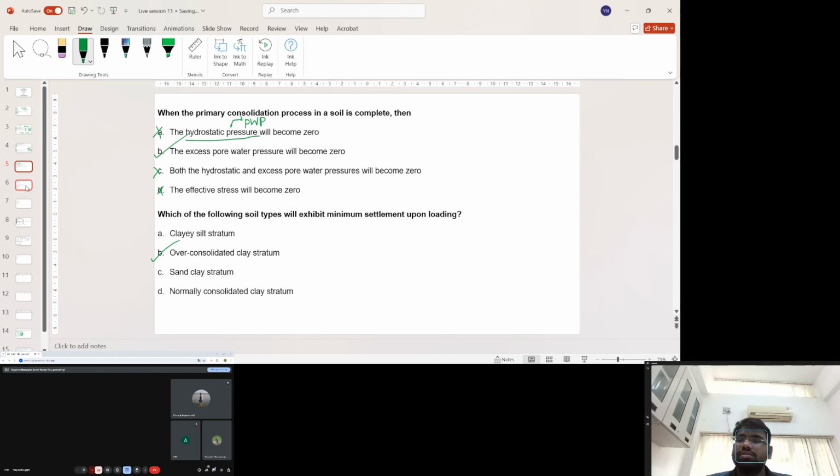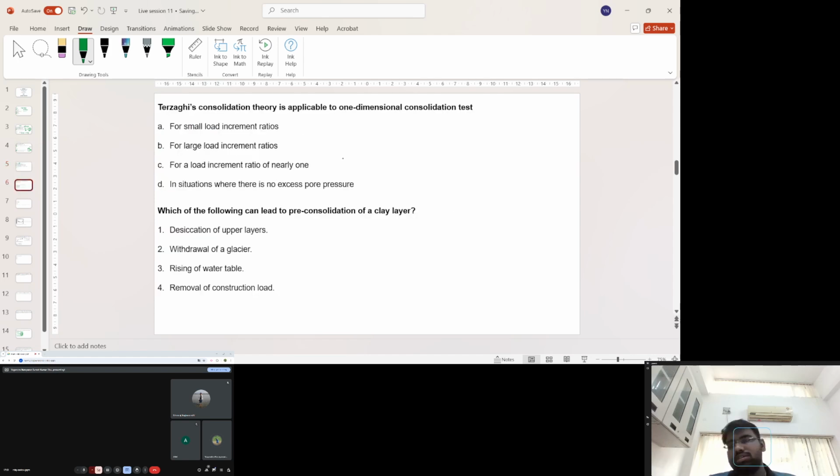All right. So coming to the next question, Terzaghi's consolidation theory is applicable to one-dimensional consolidation test for which of the following options?